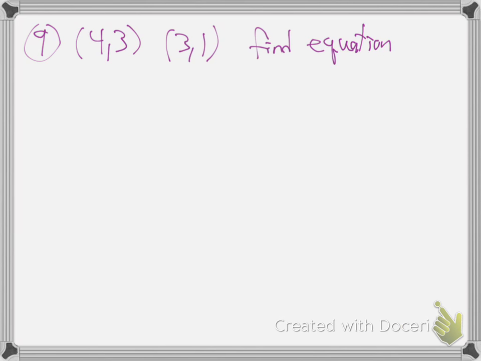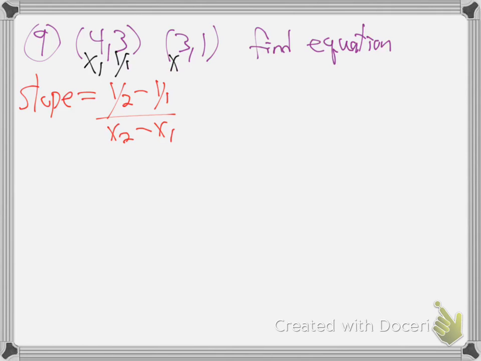Step number 1 says find the slope with the 4 numbers. y2 minus y1. You can put all this on your 3x5 card for the exam in 2 weeks. y2 minus y1 over x2 minus x1. And so this is x1, y1, x2, y2. So then we plug everything in.